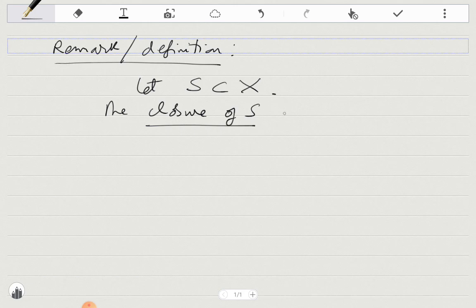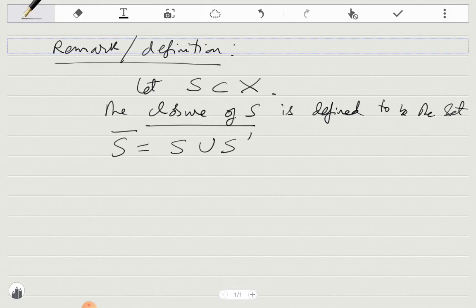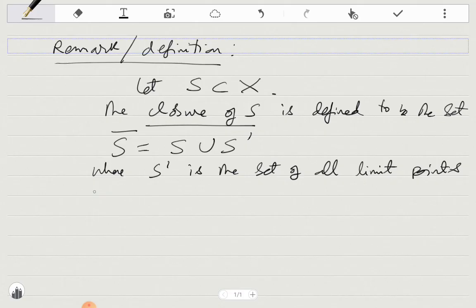The closure of S is defined to be the set S with a line on top, S union S prime, where S prime is the set of all limit points of S.